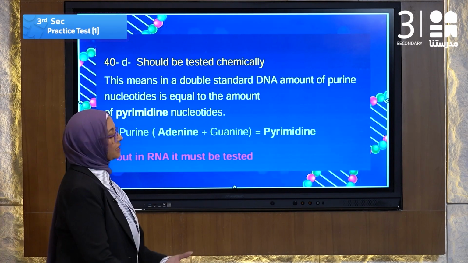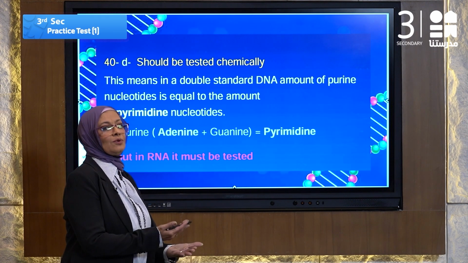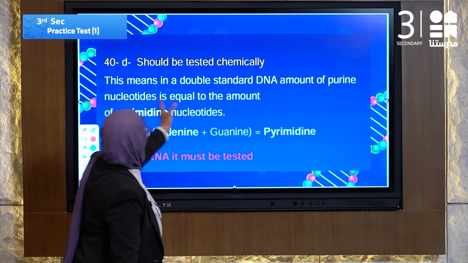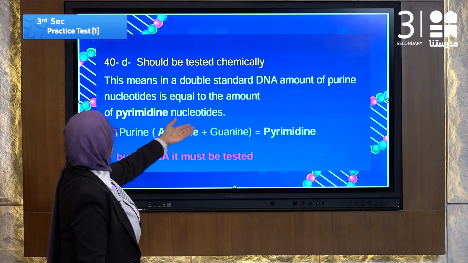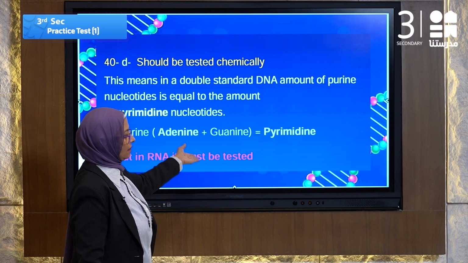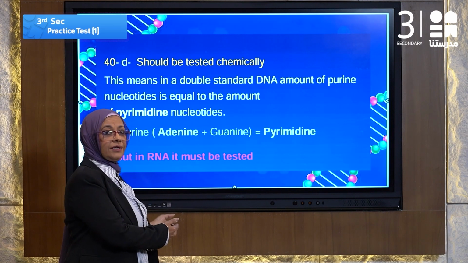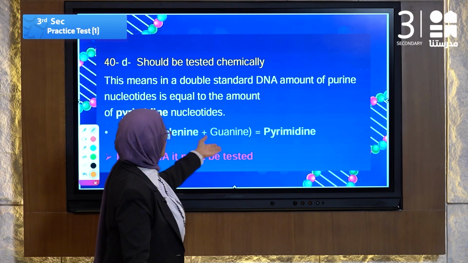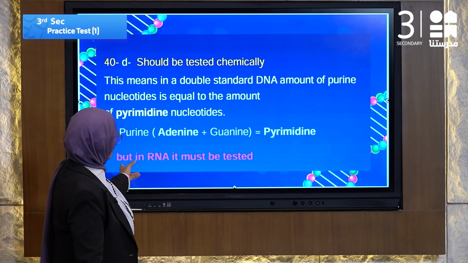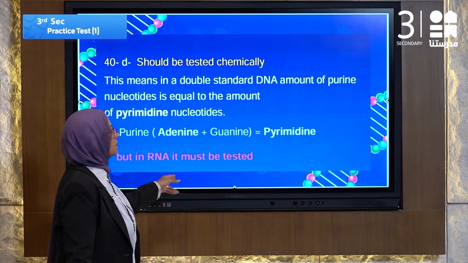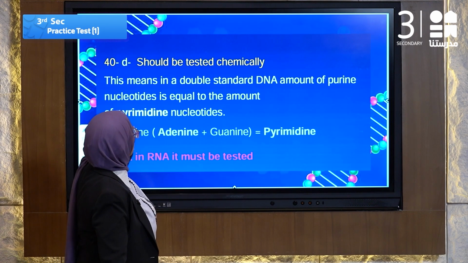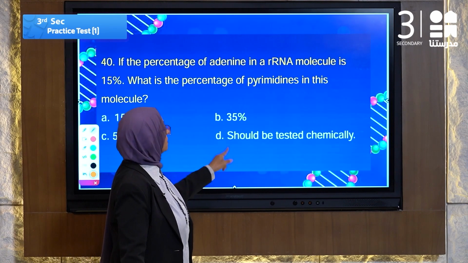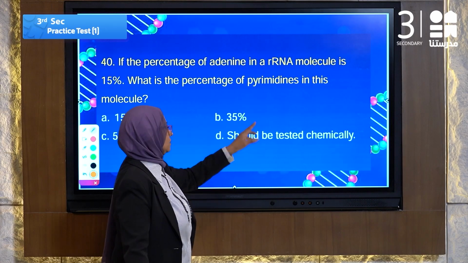In double-stranded DNA the amount of purine nucleotides equals the amount of pyrimidine nucleotides, but this is RNA, not DNA. So the answer is should be tested chemically. D, because it is ribosomal RNA, not DNA.